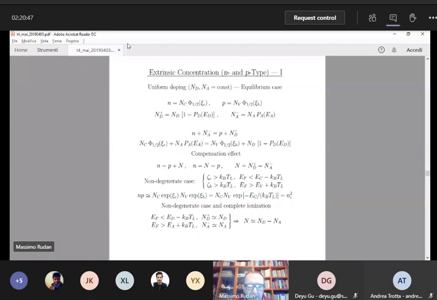However, you use capital N, that is the difference between donors and acceptors.